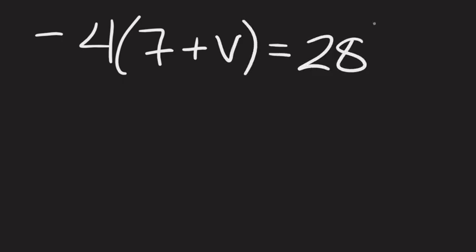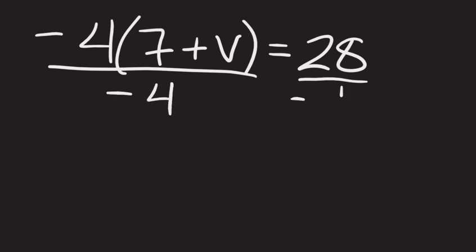Next, we have negative 4 times 7 plus v equals 28. The first step to get v by itself is to divide both sides by negative 4.